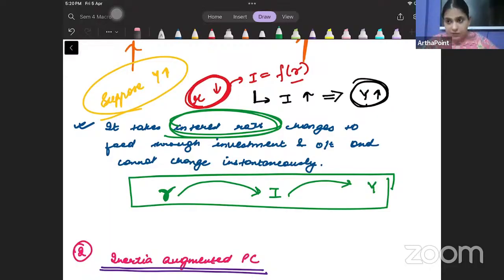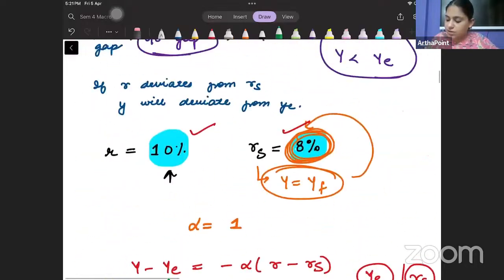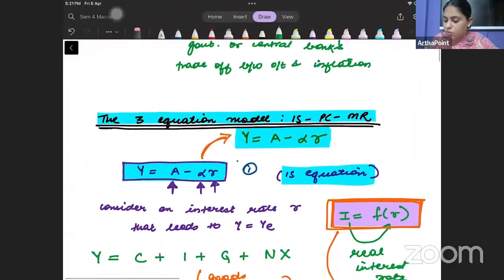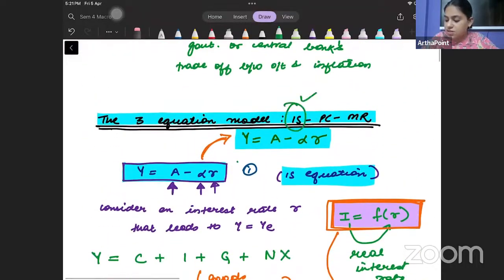It changes the level of investment, and investment is a component of Y. So when investment will change, then automatically the level of output in the economy will change. Automatically Y will change. This is our first equation, beta. In the ISLMPC model that we are talking about, this becomes our first equation that we have studied.